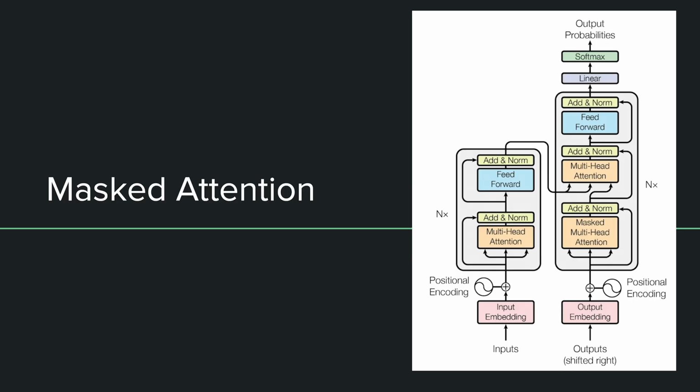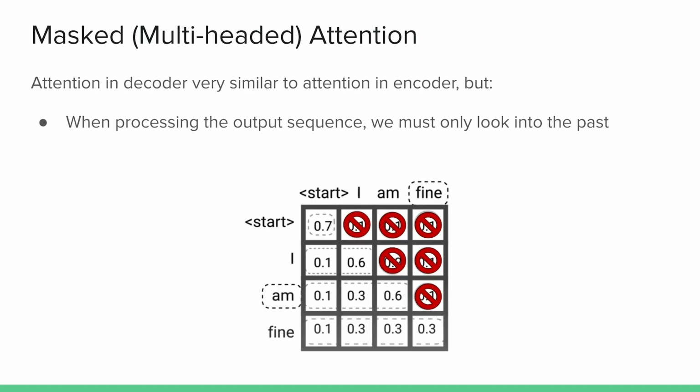Coming to the next attention block, which is the masked multi-head attention in our decoder, that I really want you to understand first. So when we're processing the output sequence, we're basically doing something very similar. We're also trying to understand, in, say, the English language, how words relate to each other.